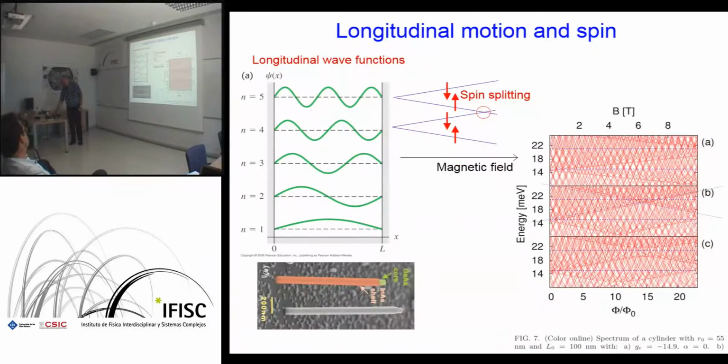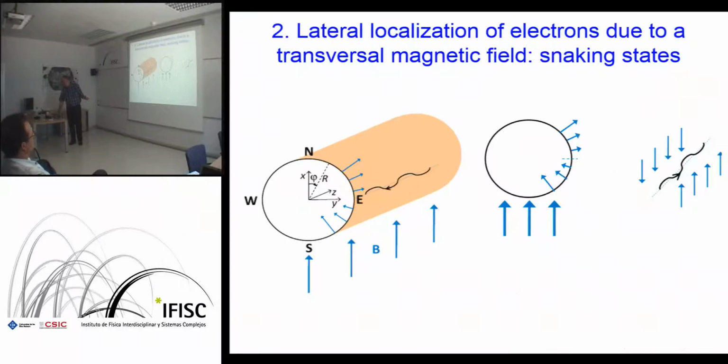Now, I would like to move to the second type of localization, which can be created in the presence of magnetic fields, and it is, I would say, less trivial than the radial case.